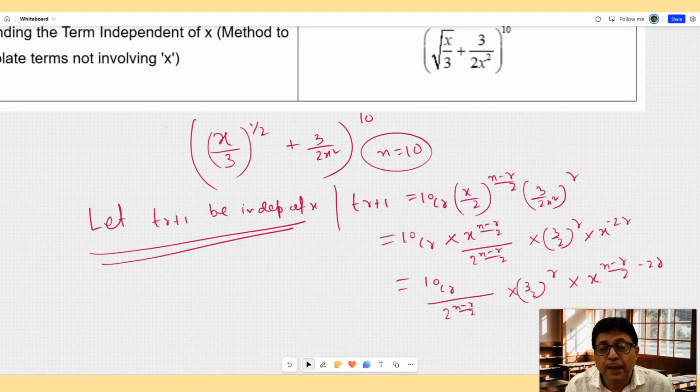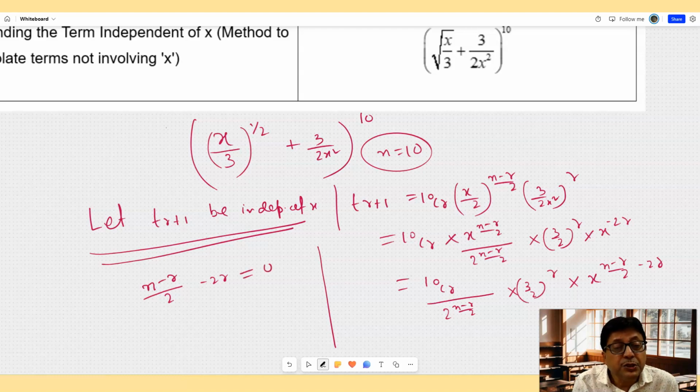Okay. So here x to the power (n minus r) by 2 minus 2r will not be there because it is stated that it is independent of x. So put this thing equal to 0. So (n minus r) by 2 equal to 2r.